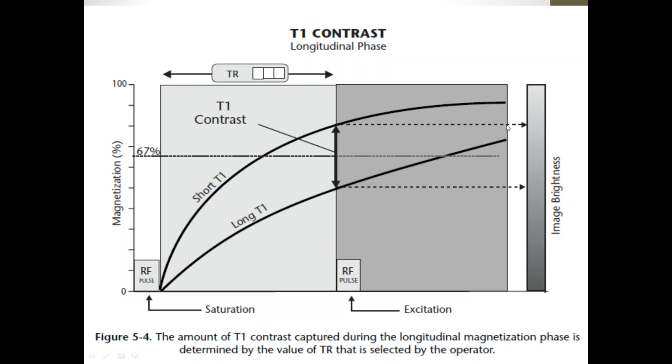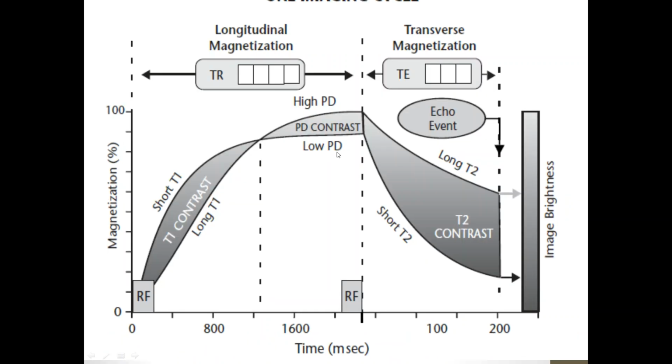If we are using long TR here, the protons of fat and water will be fully recovered to reach 100%, so the sequence will be useless. We will apply the second pulse, and the protons of fat and water will again be equal in the XY direction. So it's useless. But we have to select short TR to get better contrast between fat and water.